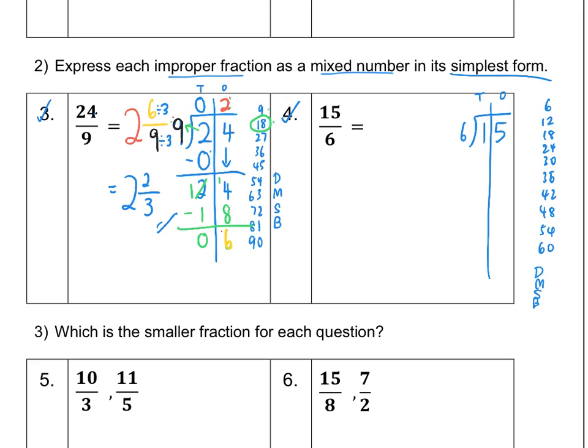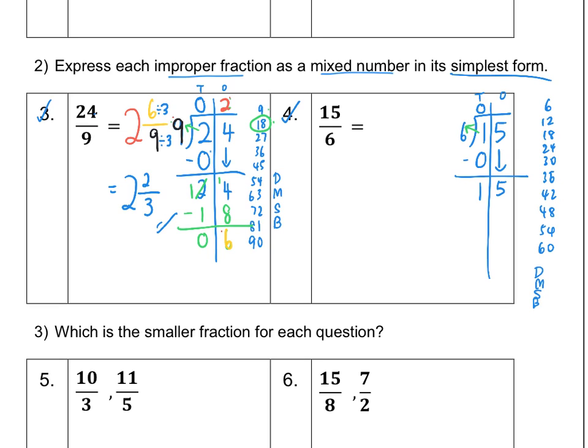Okay, so step 1. Can we take 1 divided by 6? Is there a number smaller than 1, closest to 1, in the list of numbers? No, so 1 divided by 6 is 0. 0 times 6 is 0. Then I subtract, 1 minus 0 is 1.